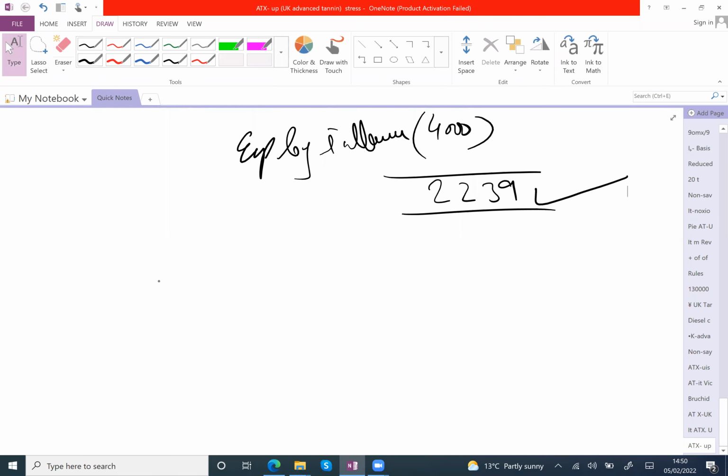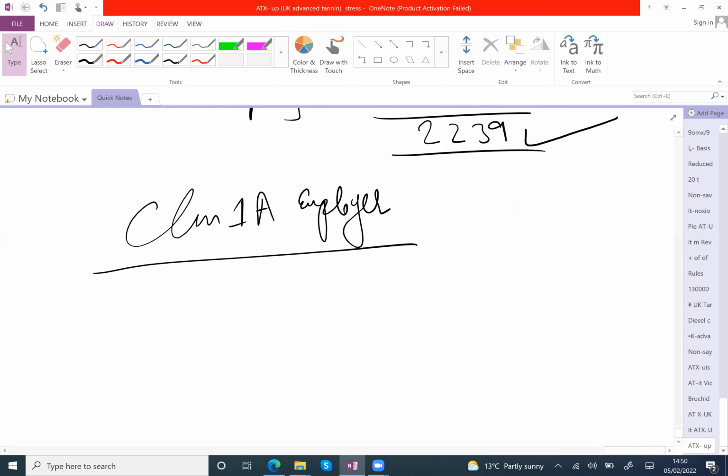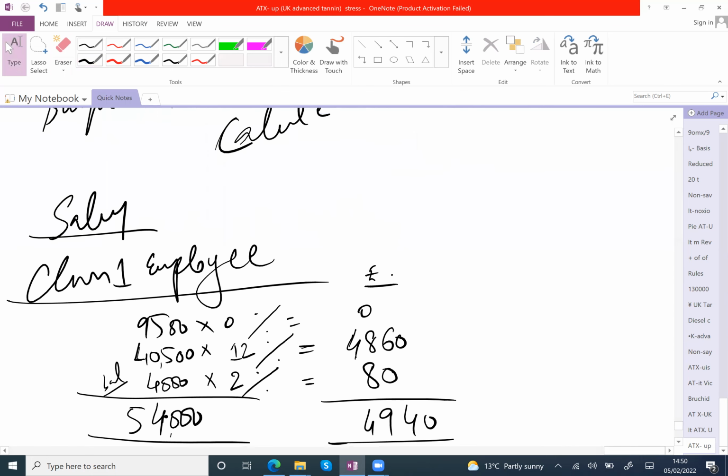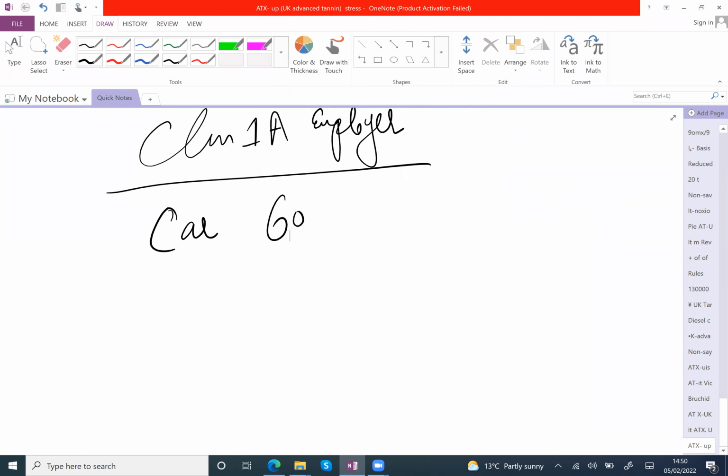Now there are some non-cash benefits, and class 1A employer will be payable on them. The car benefit in the question is 6,000 and fuel 7,500.